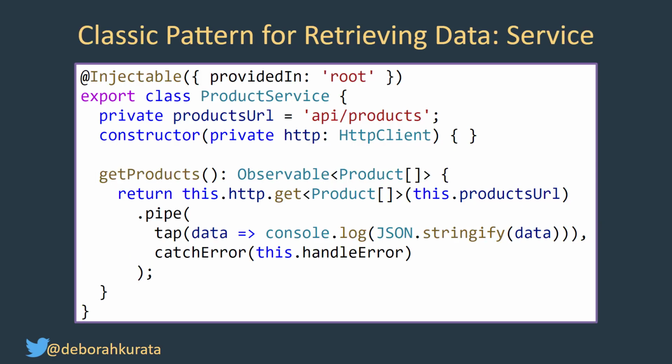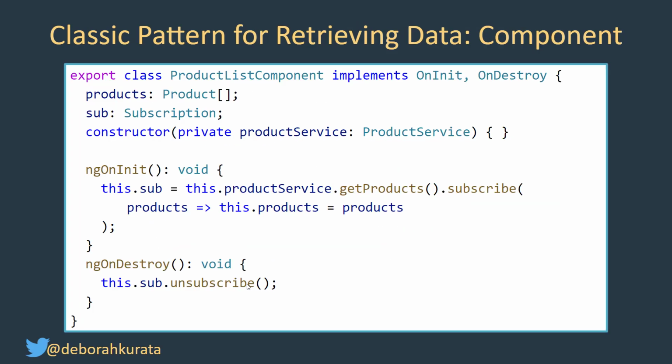So here is our classic pattern for retrieving data, the code in our service. And we've already looked at code very similar to this. This one just has the piping tap to display some data to make sure that our HTTP GET worked and a catch error. And then in our component, we've already seen this code as well.